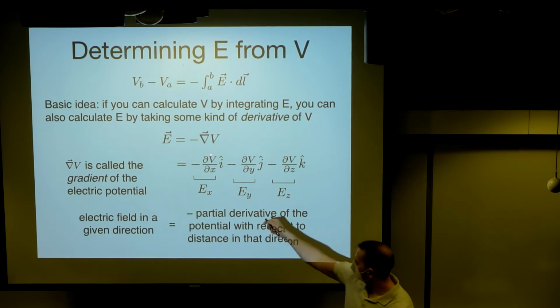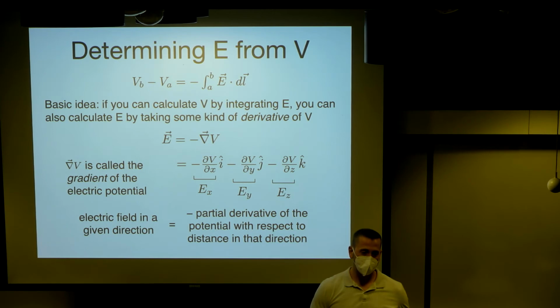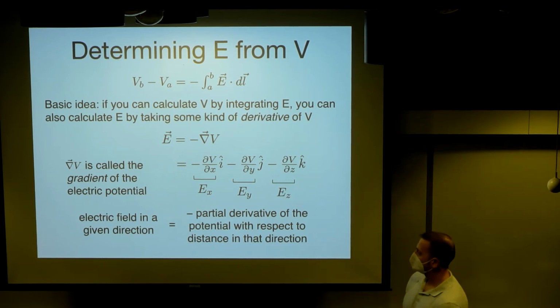So in other words, if I take this partial derivative with respect to x, I'm going to treat y and z as constants. If I'm taking this partial derivative with respect to y, I'm going to treat x and z as constants. As long as you know how to do that, you'll be fine. Just treat the other variables as constant.